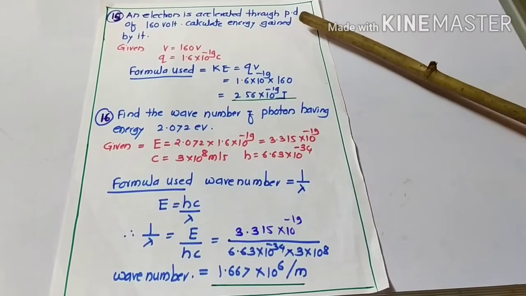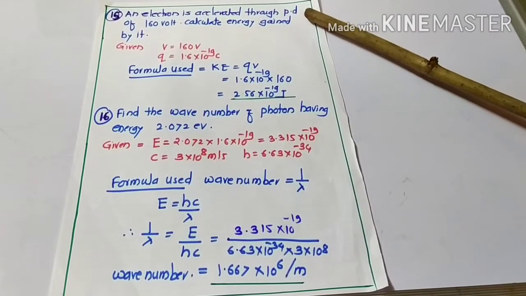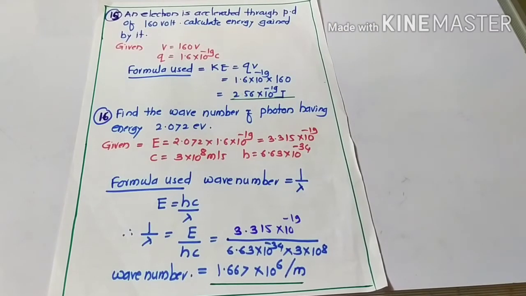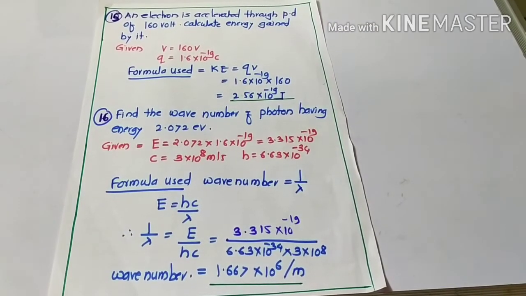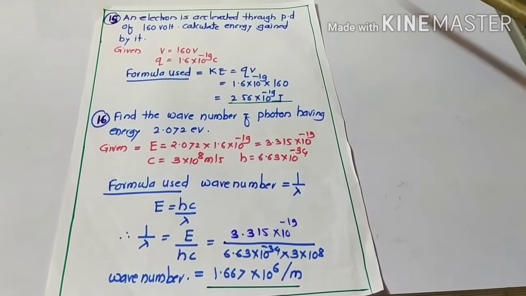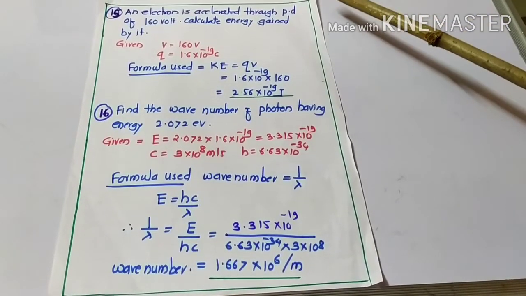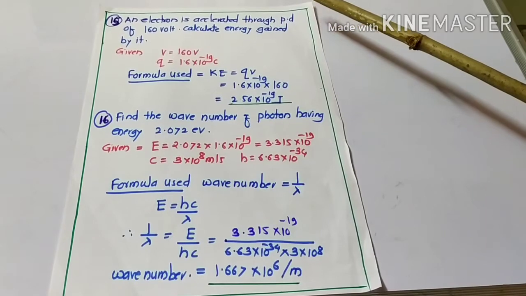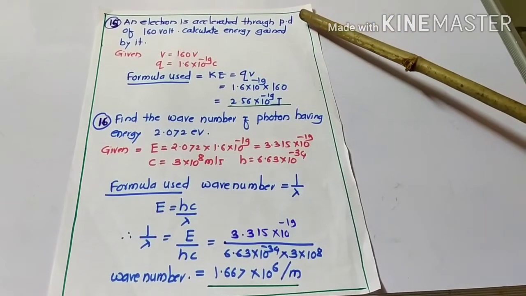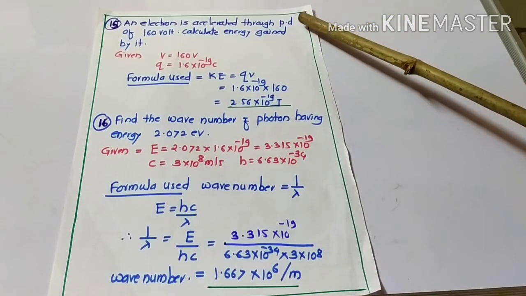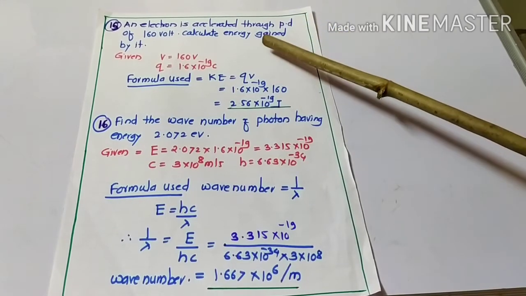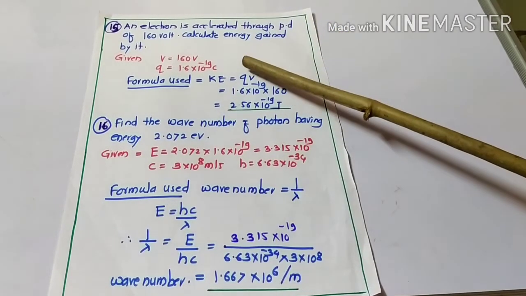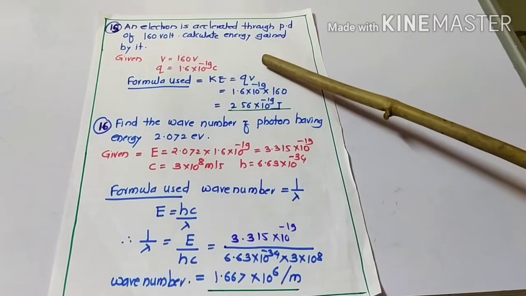We are given that the electron is accelerated through the potential difference, that is, it is going from emitter to collector. Then the potential difference is 160 and the charge is given, and kinetic energy is equal to charge into potential.